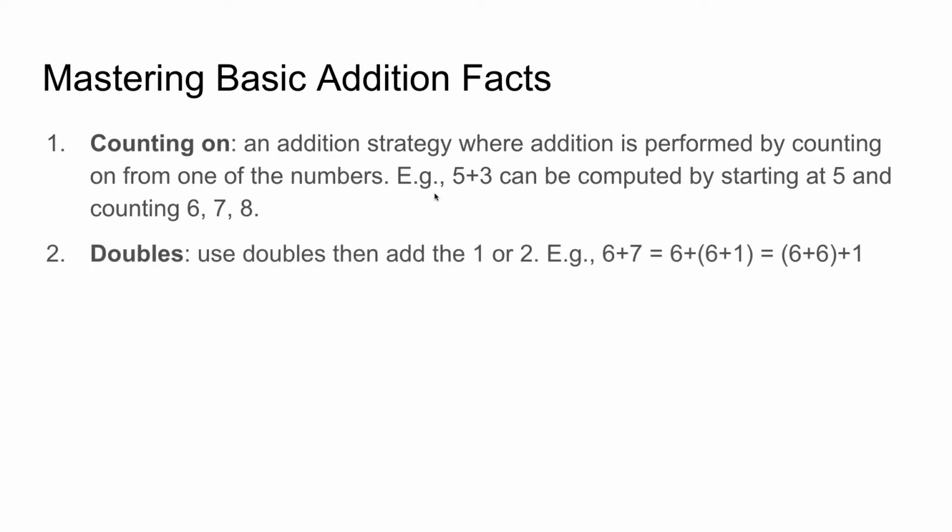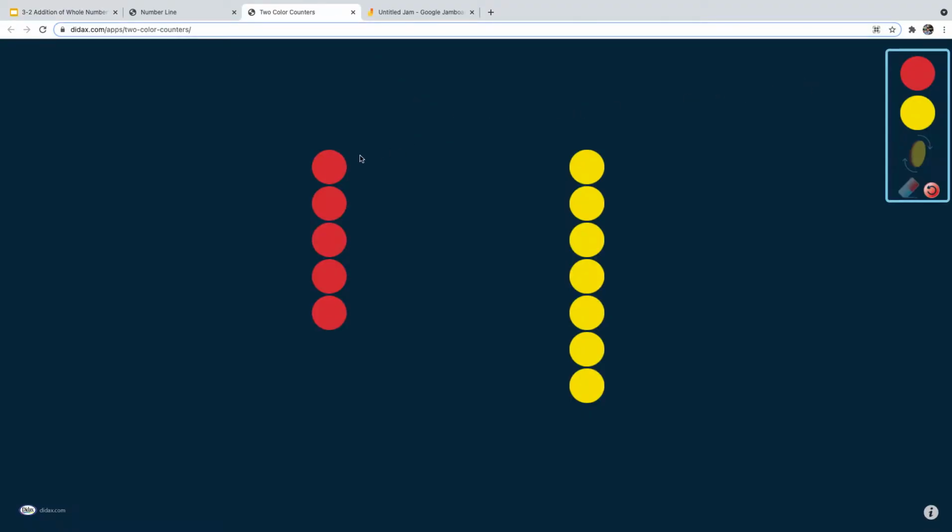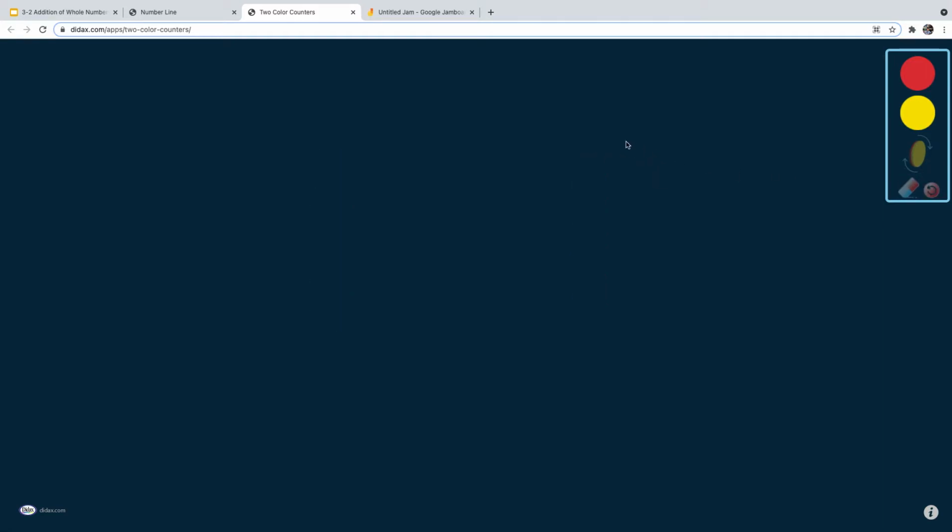If you have something like 7 plus 9, I usually go from the big number. I will start from 9 and I will use my fingers. I wish I could show you my fingers, but if I use color counters, let's suppose we are doing 9 plus 5.